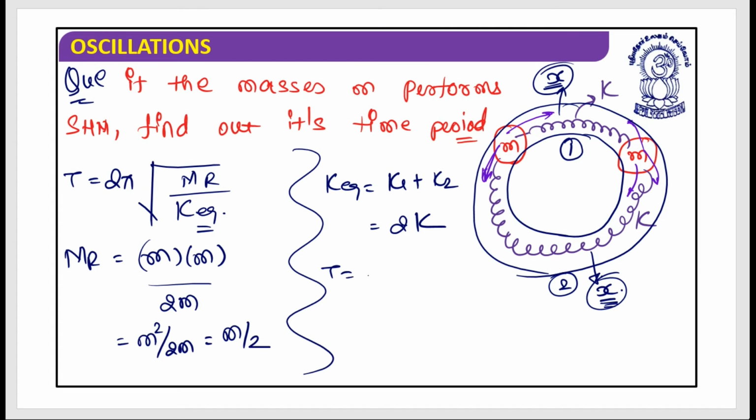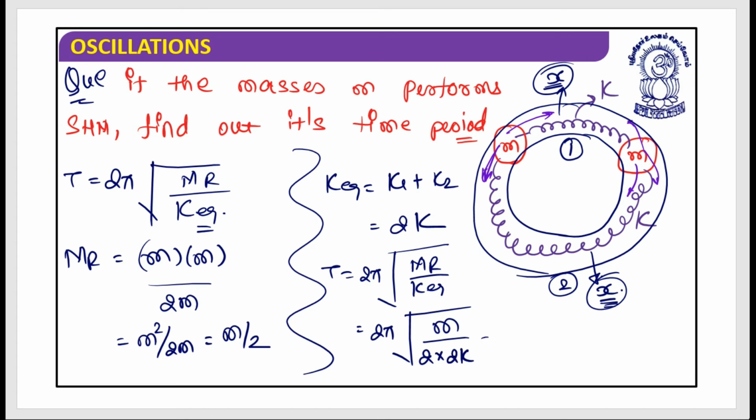Now the time period T is equal to 2 pi root of reduced mass divided by k equivalent. The reduced mass is m by 2 and k equivalent is 2k. So this is equal to 2 pi root of m by 4k, which is pi root of m by k seconds.